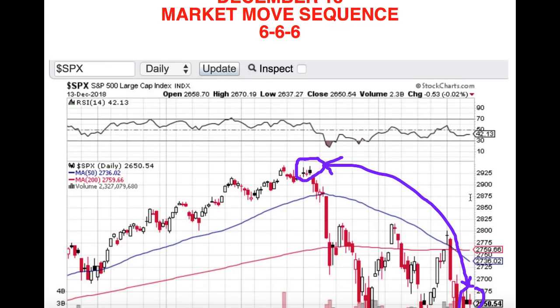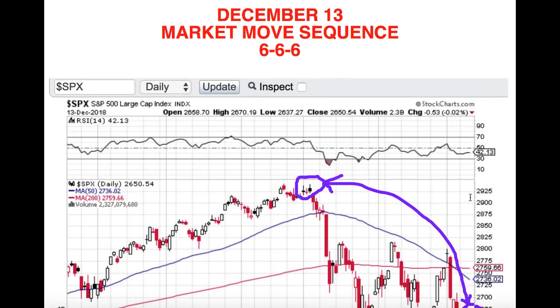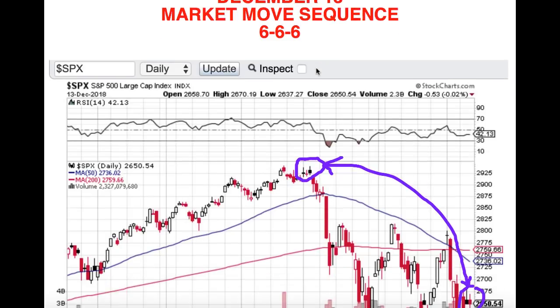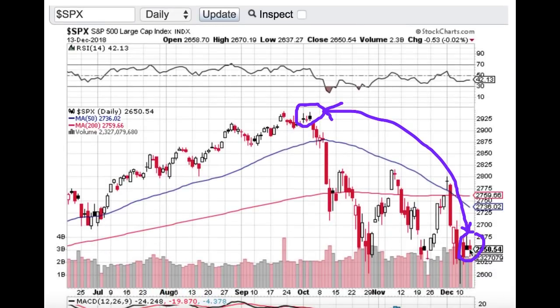Now, we've been able to point some things out before they were taking place. In the previous video I posted a few days ago, we pointed out a market move sequence according to our 13 market move formula. We identified sequence 666, which was pointed out in that video on the S&P chart portrayed by these 3 candles right here.